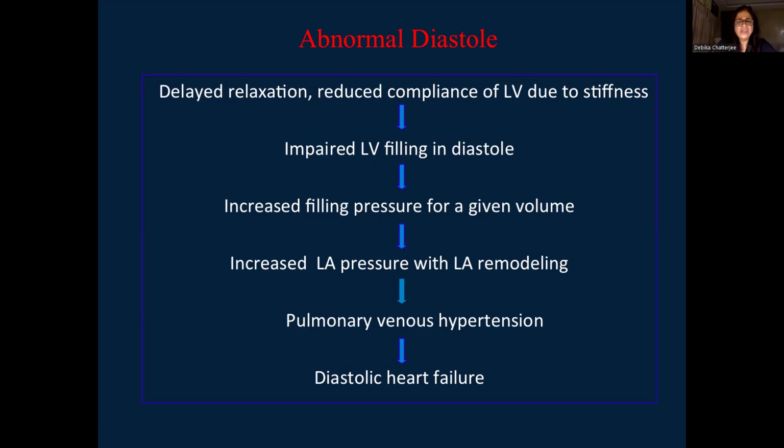That leads to increased LA pressure. With LA remodeling, LA undergoes dilatation, it gets enlarged. And the LA pressure gives the back pressure, leading to pulmonary venous hypertension, and then the patient goes into diastolic heart failure.